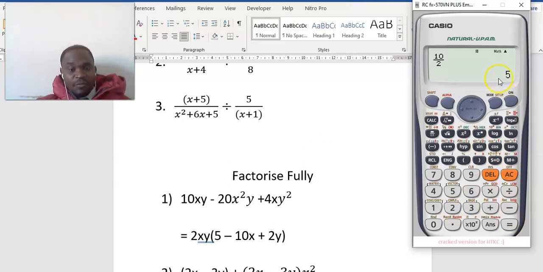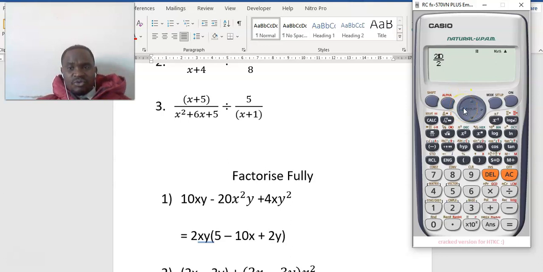It gives us 5. Okay, we have tried 10, it gives us 5. Let's try 20. So 20 also gives me a whole number, so it can also divide 20 without a remainder.